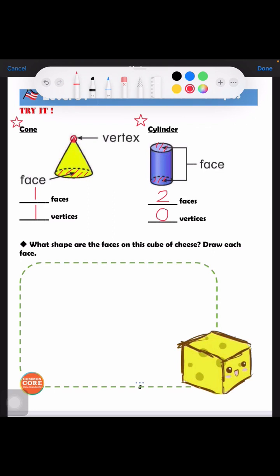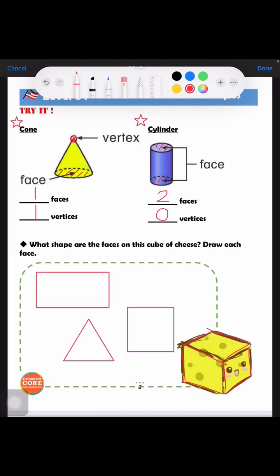What shapes are the faces on this cube of cheese? For the cube, the shapes of all faces are the same. So what is the shape? Is it a rectangle? Is it a square? Is it a triangle? Yes, it should be square.